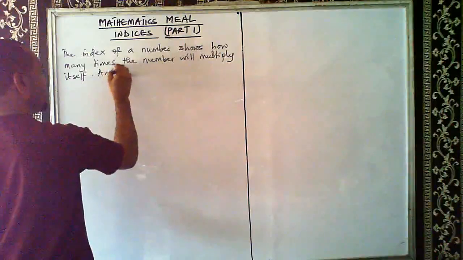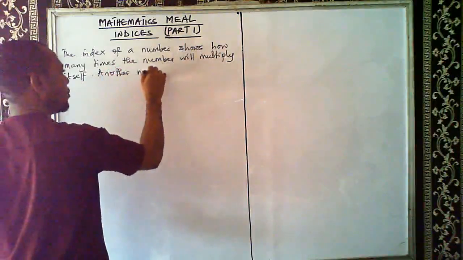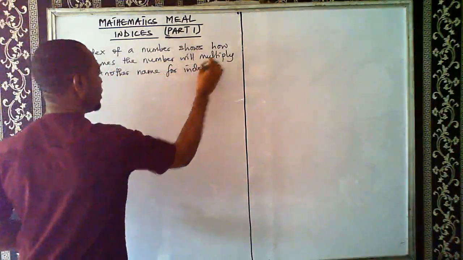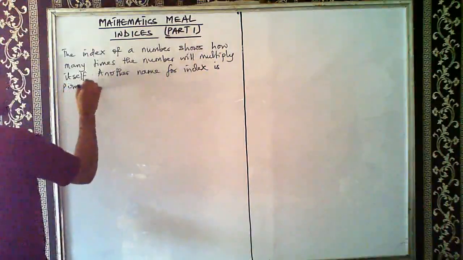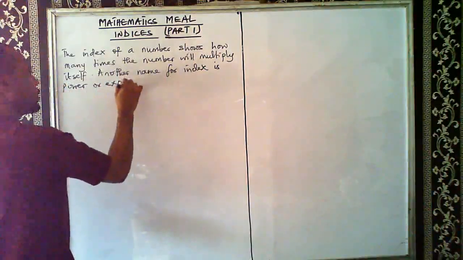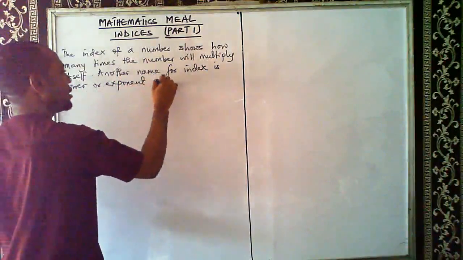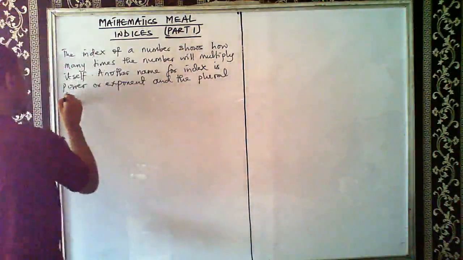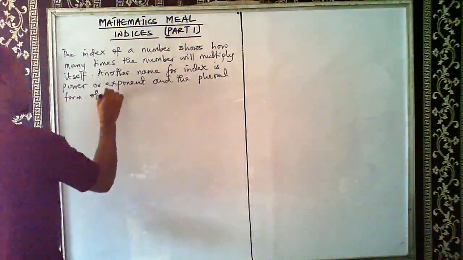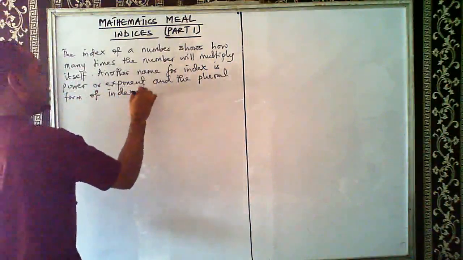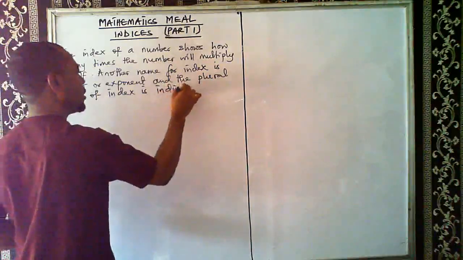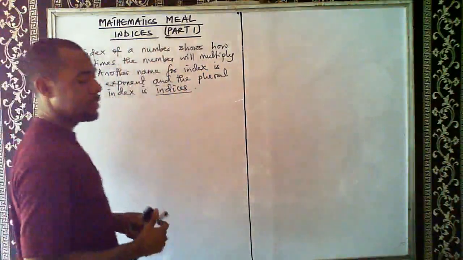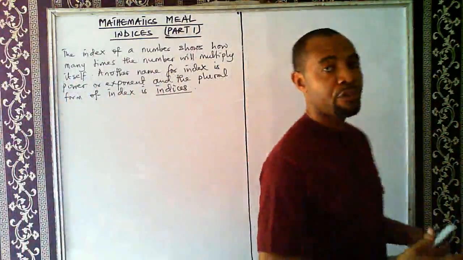Another name for index is power, or exponent. And the plural form of index is indices. So index is singular, indices is the plural form of index.